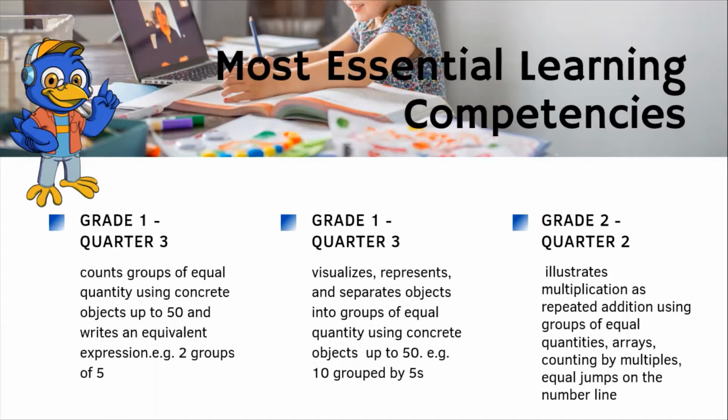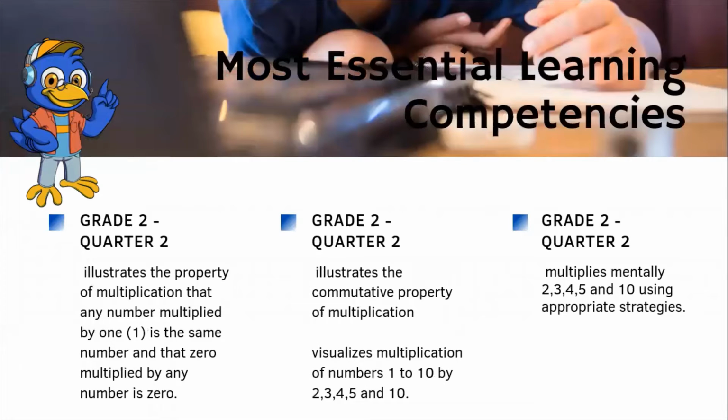For example, in grade 2, quarter 2, a competency is that we illustrate multiplication as repeated addition using groups of equal quantities, arrays, counting by multiples, equal jumps on the number line. We also have other learning competencies related to multiplication in grade 2, quarter 2.